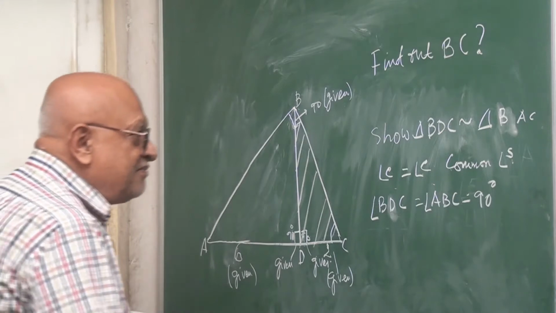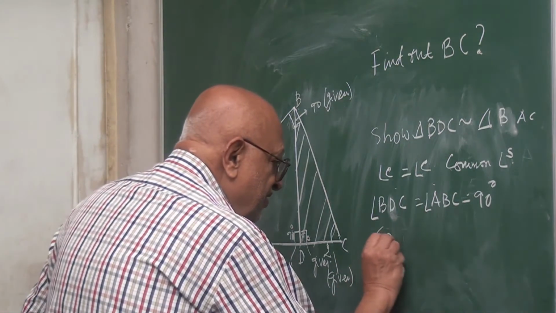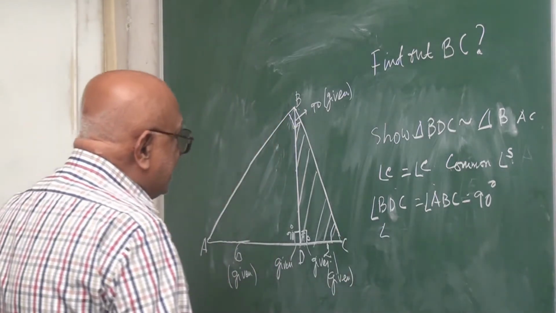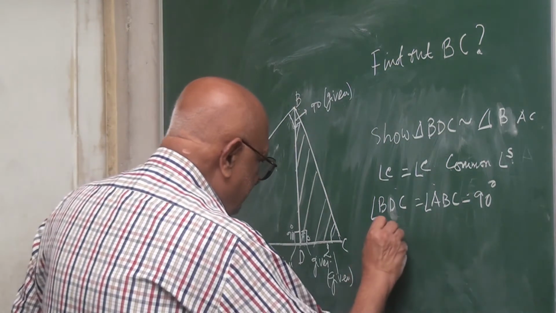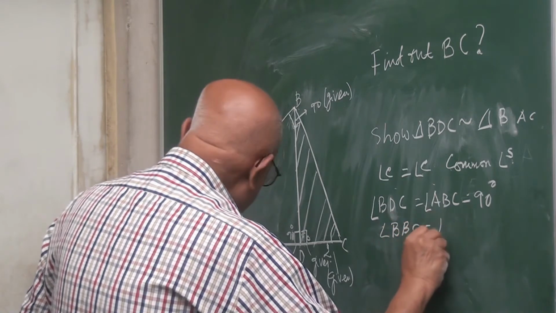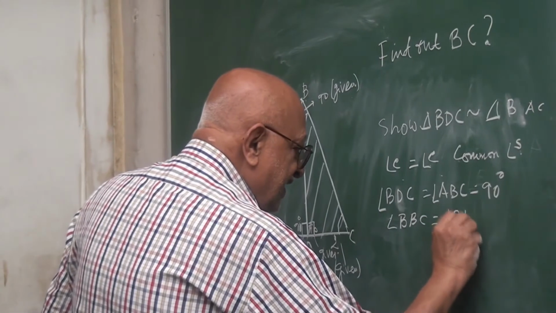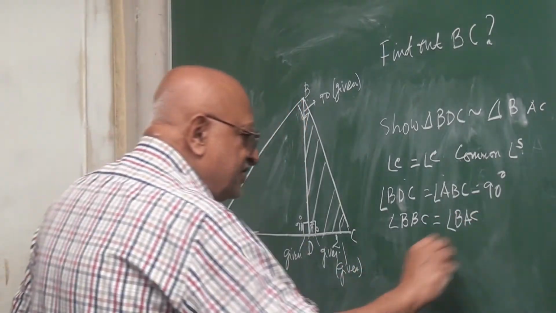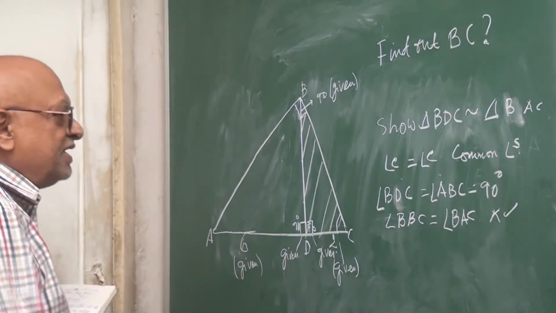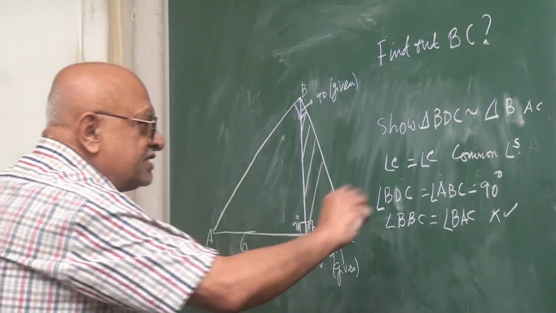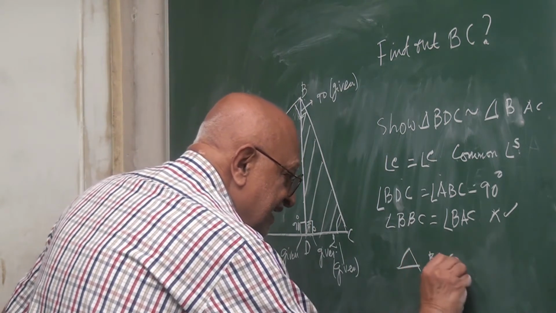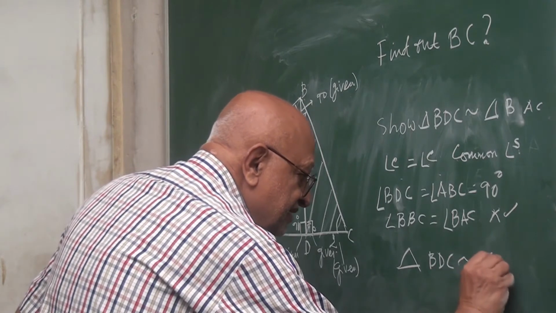That means I can claim the third angle, even though it is not necessary, angle BDC is equal to angle BAC. This is not required, but we may use it later on. So this is proven that triangle BDC is similar to triangle BAC.